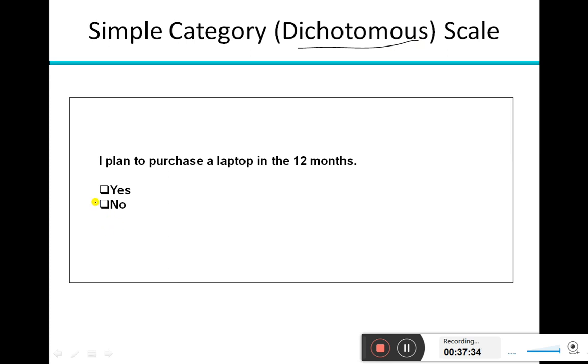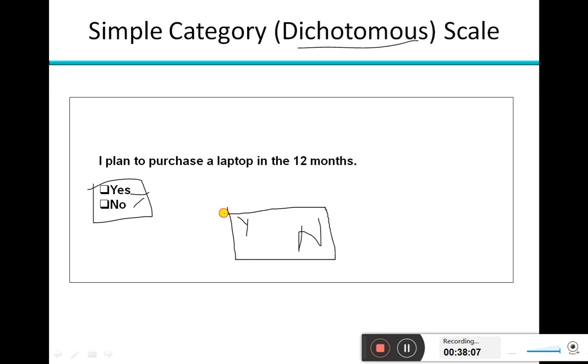A dichotomous scale is a categorical scale, mostly a nominal scale, where you only have the answer in yes or no. If you remember, when I started the lecture, I gave you an example. Do you like the subject math? Yes or no?